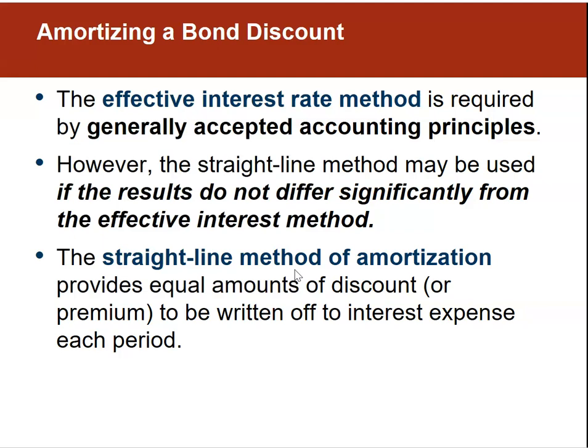However, we're going to ignore that, and I am only going to present to you the effective interest rate method. What does that mean? That means that if you are a go-getter and you actually read your textbook, you're going to see plenty of information about the straight line method. However, you will not be tested on it, and you won't have to do any homework on it. We only teach the effective interest or interest method.